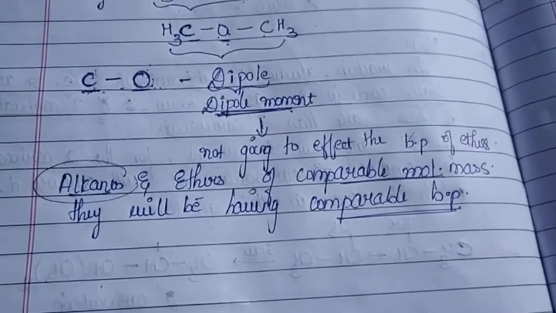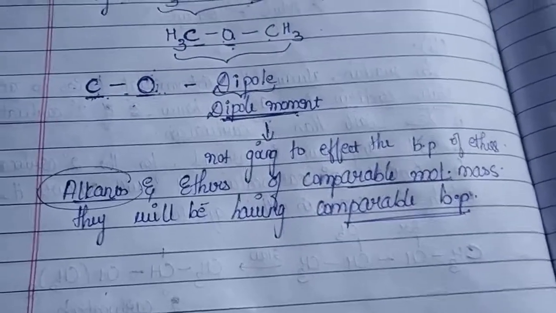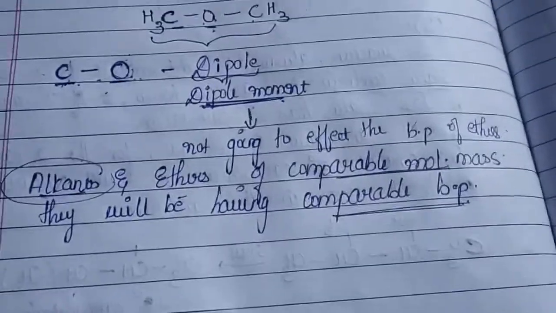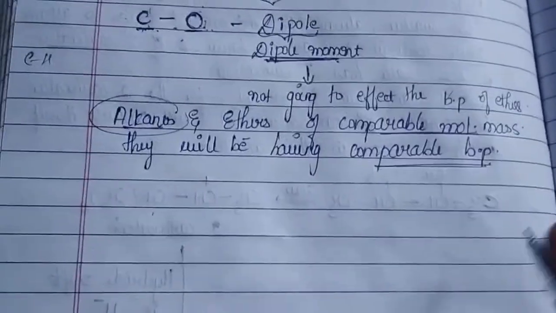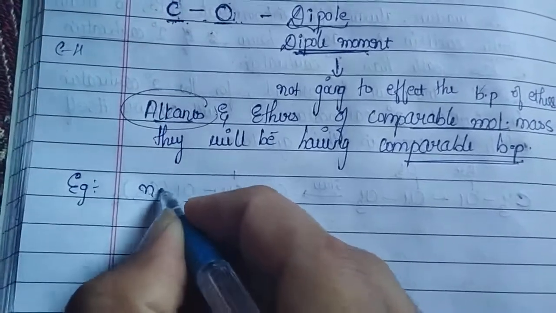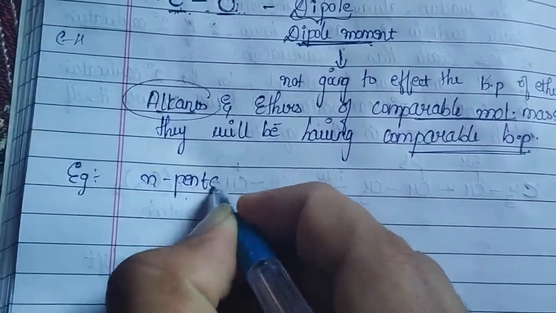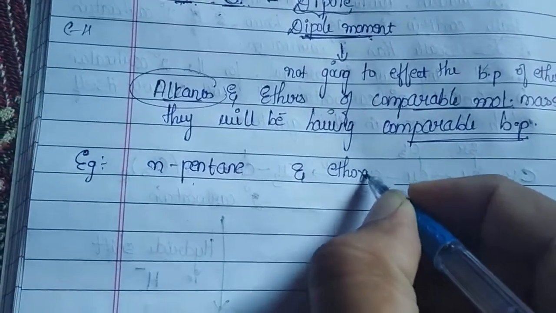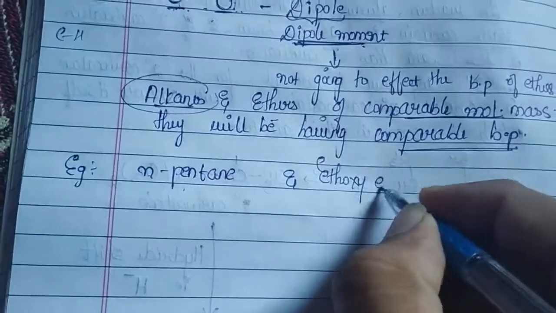It was having a dipole moment, but the dipole moment is not affecting the boiling point in ethers. Why am I saying this? If I take an example of n-pentane and ethoxyethane, what is the formula for n-pentane?